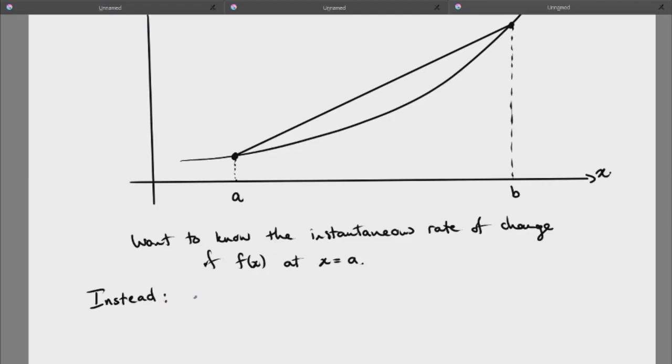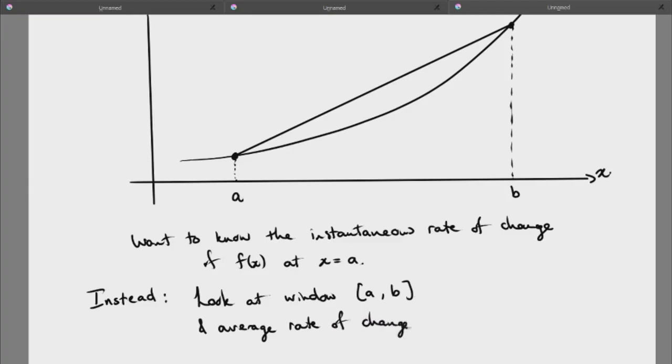So instead, I'm going to look at, I'll call it a window, or it's an interval of x values, a to b, and find the average rate of change instead. Because I can do that. I know how to do that.